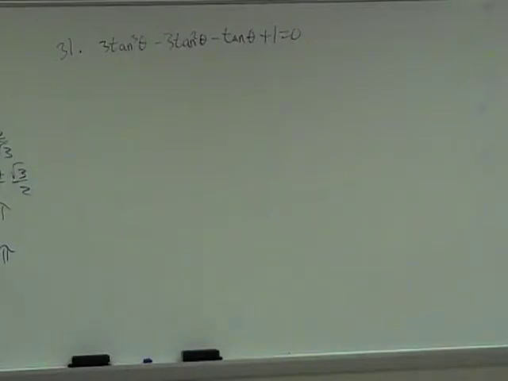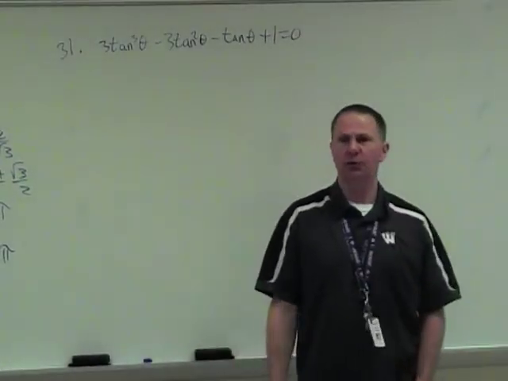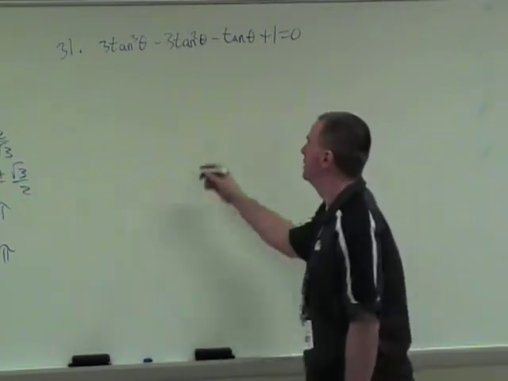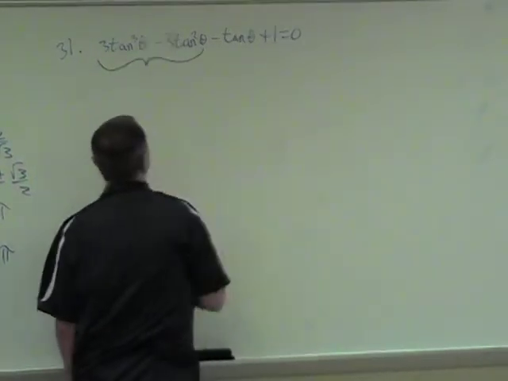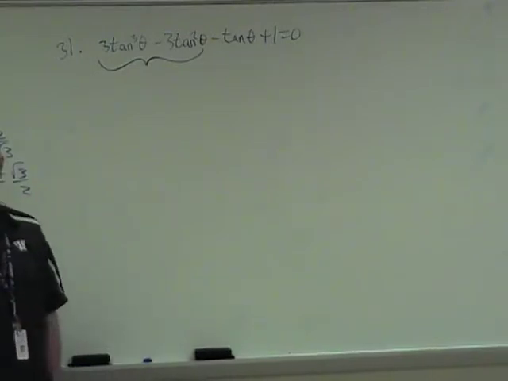One of the last things in factoring in algebra that you were taught was grouping. Anytime you see 4 terms, you should do grouping. What can I factor out of that? 3 and a tangent squared.